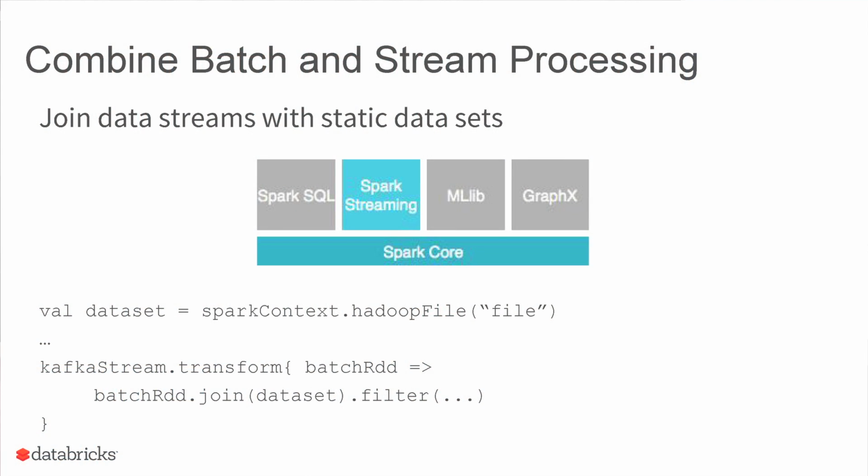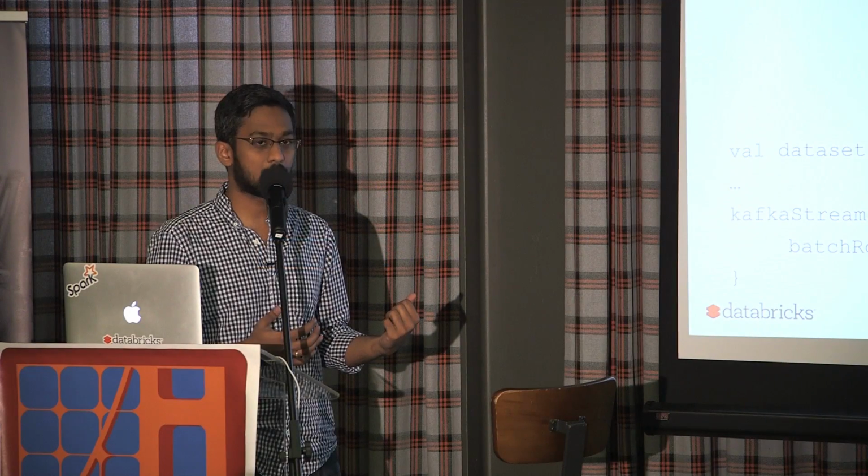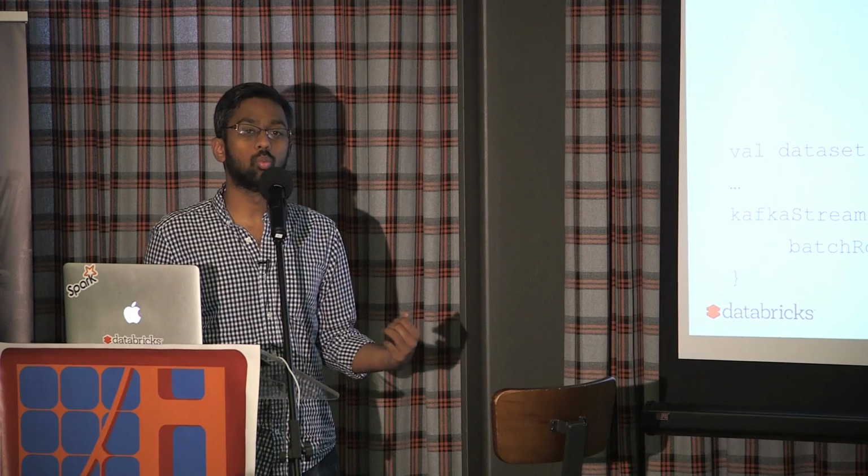The other key benefit of using streaming on Spark is that you can combine it easily with batch. If I have a data set, a table or a file sitting in HDFS or Cassandra, I can always load it as an RDD and then join it with my stream.